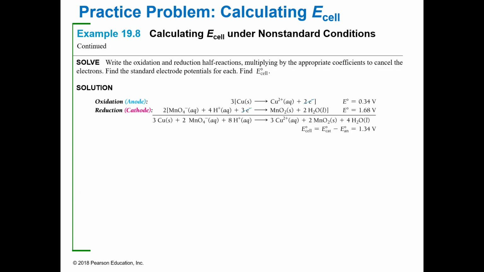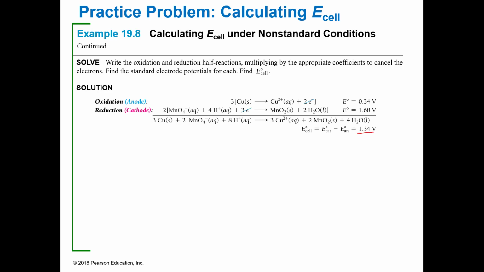So you look on the table, it's 0.34 volts for the reduction of copper. It's 1.68 volts for the reduction of permanganate. The reduction occurs at the cathode, so the standard cell potential is the standard cathode potential minus the standard anode potential, so it's going to be 1.68 minus 0.34, and we get for an answer 1.34 volts.